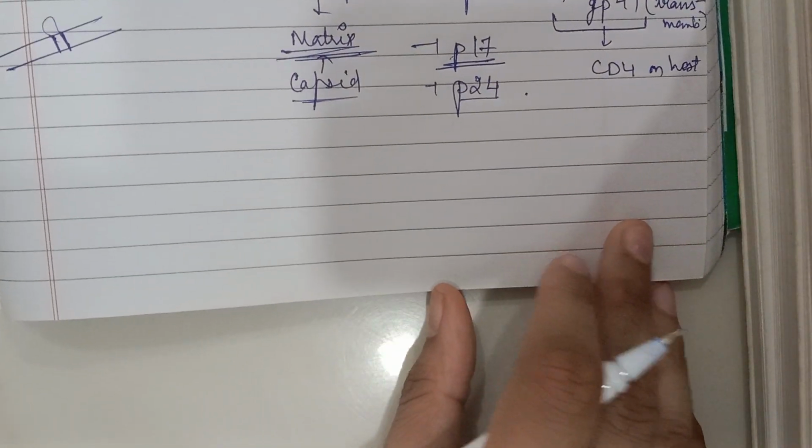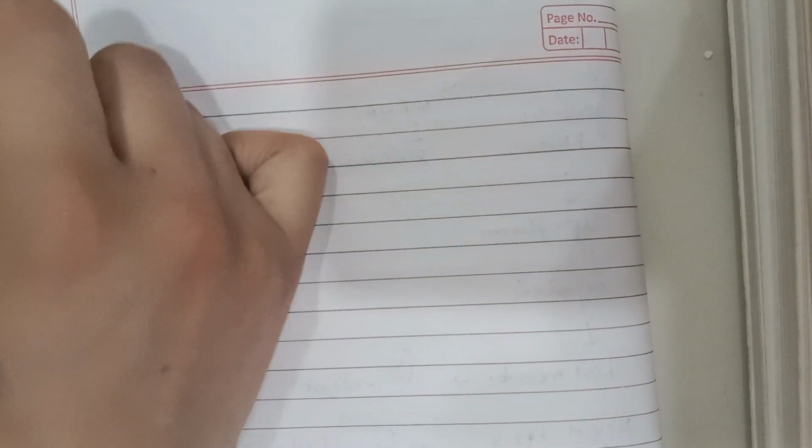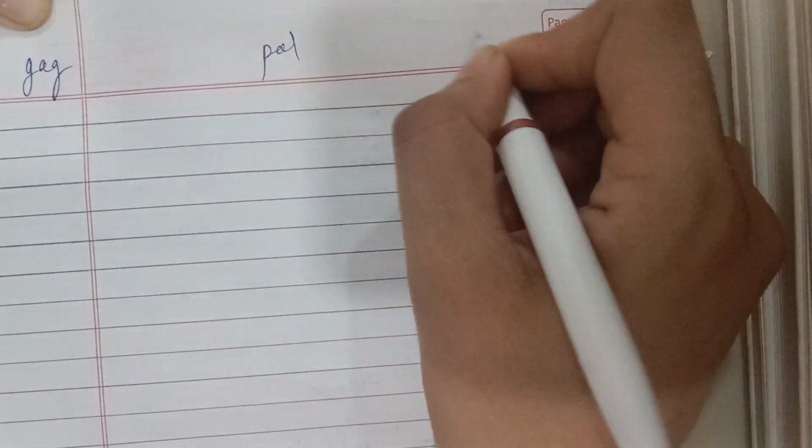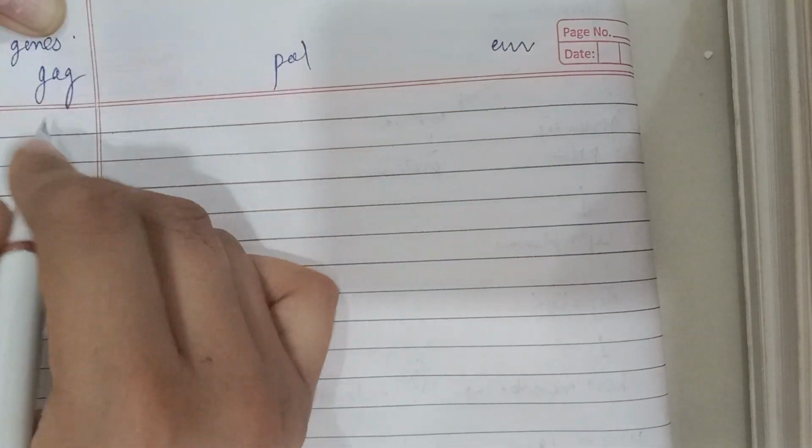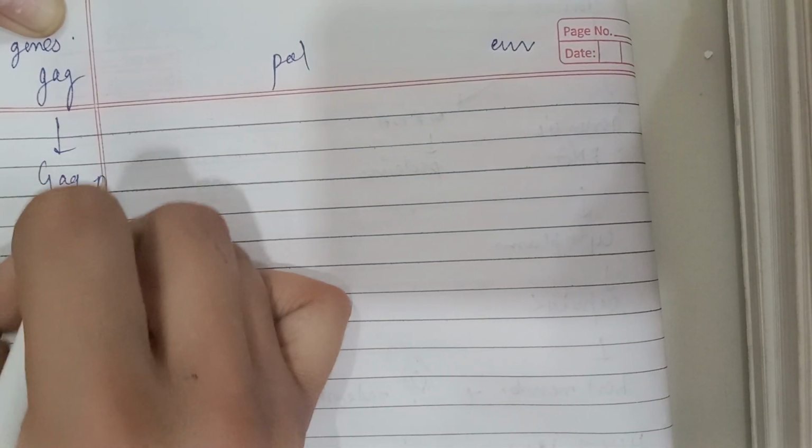First of all, let's talk about the three important structural genes: the GAG gene, Pol gene, and ENV gene. These are the genes which encode for GAG polyprotein.